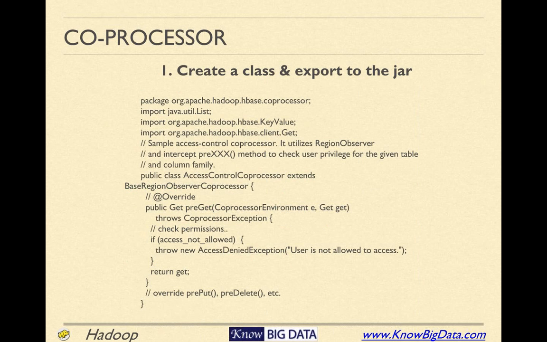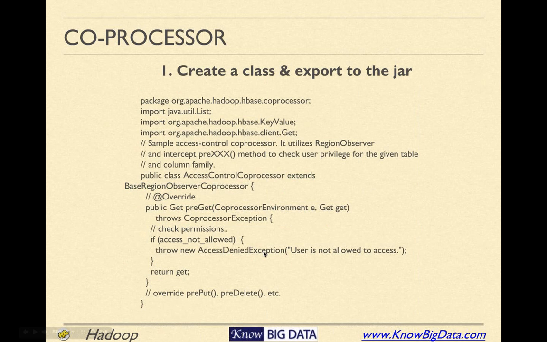In those cases, you can implement coprocessors. Coprocessors' parallel in the RDBMS world is called triggers. Whenever something happens, you can handle that using a trigger.